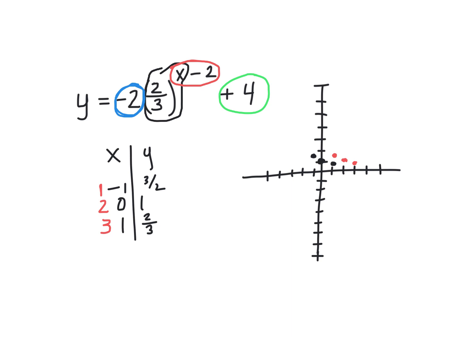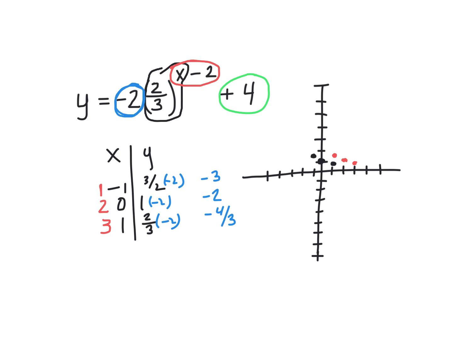Now this negative 2 out in front is going to multiply your y's by a negative 2. So if I multiply each of these by a negative 2, here the 2's cancel, you'd have a negative 3. This would be a -2. And then you'd have a -4/3, which is like a -1 1/3.